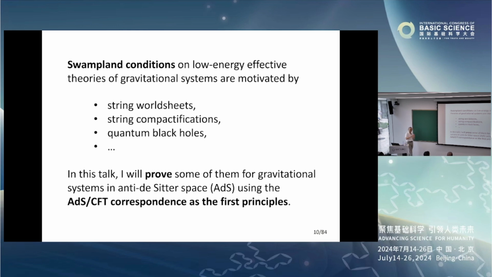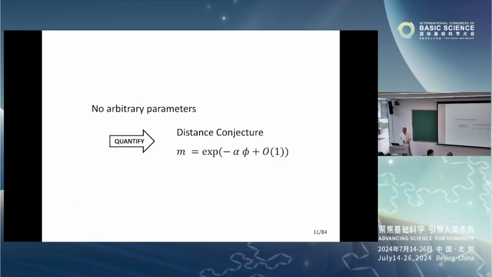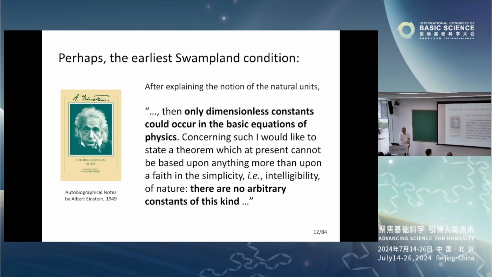I see there are some mathematicians, so I have to be careful, but prove in the sense of the rigor of theoretical physicists, for gravitational systems in anti-de Sitter space using the AdS/CFT correspondence as the first principle. So we are going to translate this into the language of conformal field theory and then prove them. Okay, so the absence of parameters and quantifying that into the distance conjecture. So here is an answer to Edward's question.